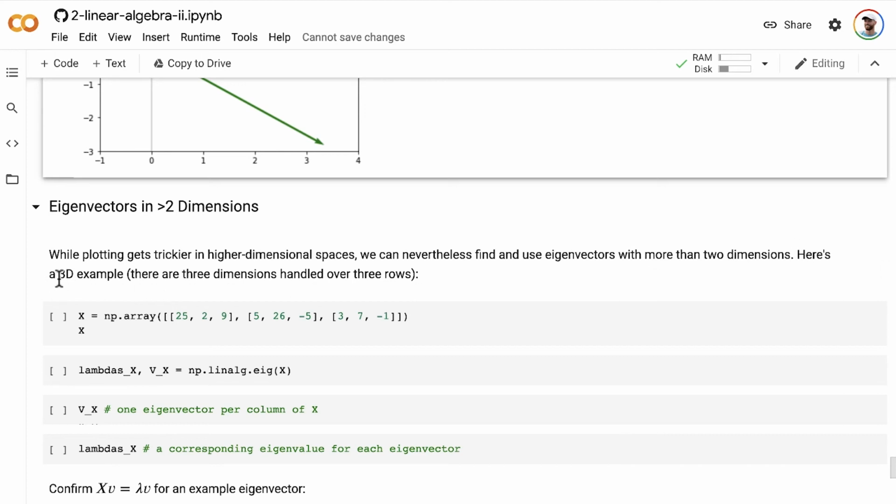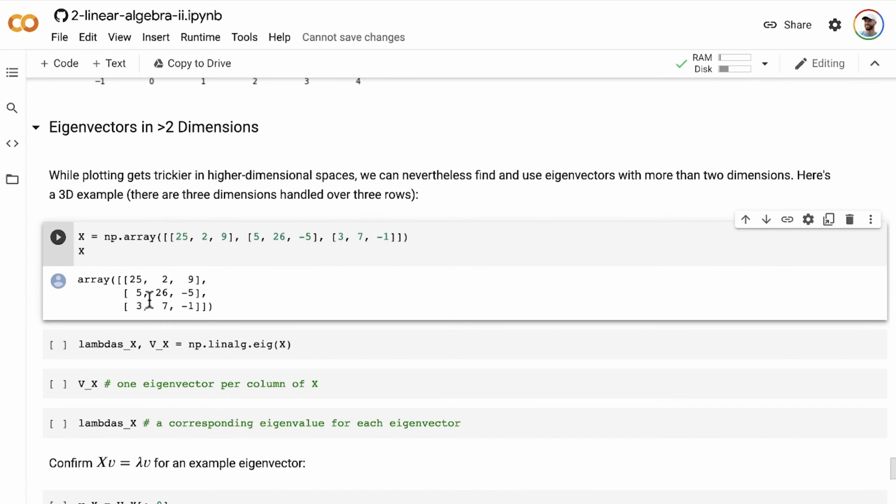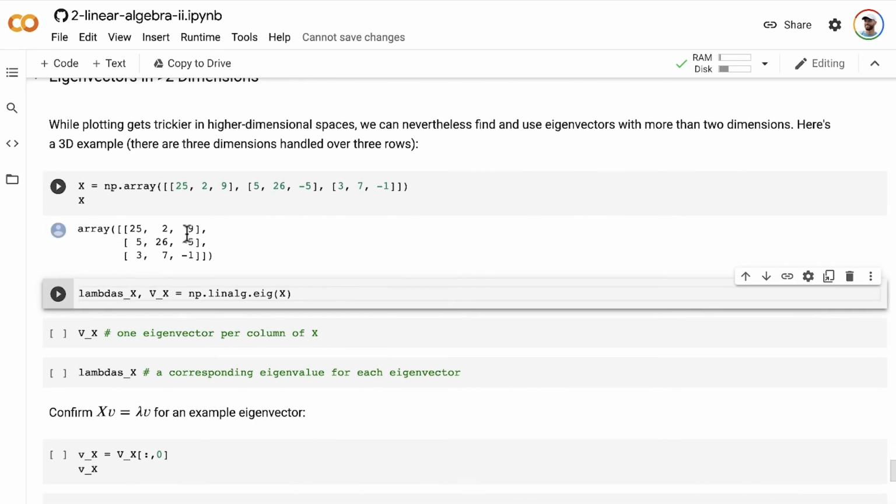So here's a 3D example, and there are 3 dimensions handled over the 3 rows of our matrix X here. We have 3 rows and we have 3 columns, and we're going to get out 3 eigenvectors when we pass our matrix X, in this case, into our NumPy eig method.